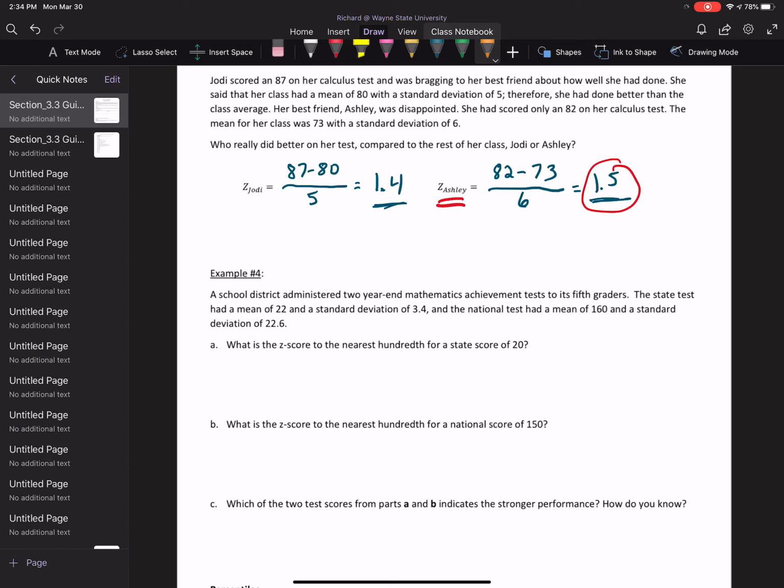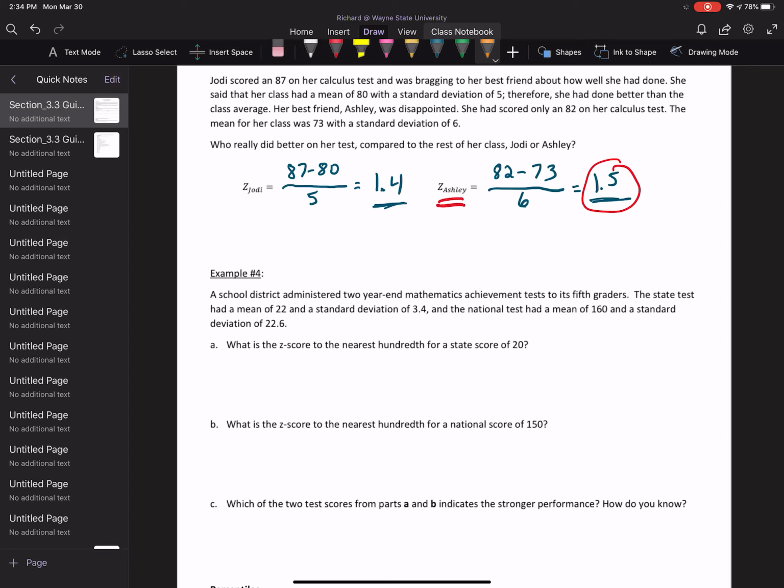So what I would encourage you to do is pause the video, give it a shot, try to figure out the two z-scores in parts A and B, and then maybe give letter C a shot. Which one do you think did better? And I can tell you right now that the z-scores are going to come out to be negative, which is okay. Think about what that means and think about which then is better, the state test or the national test.